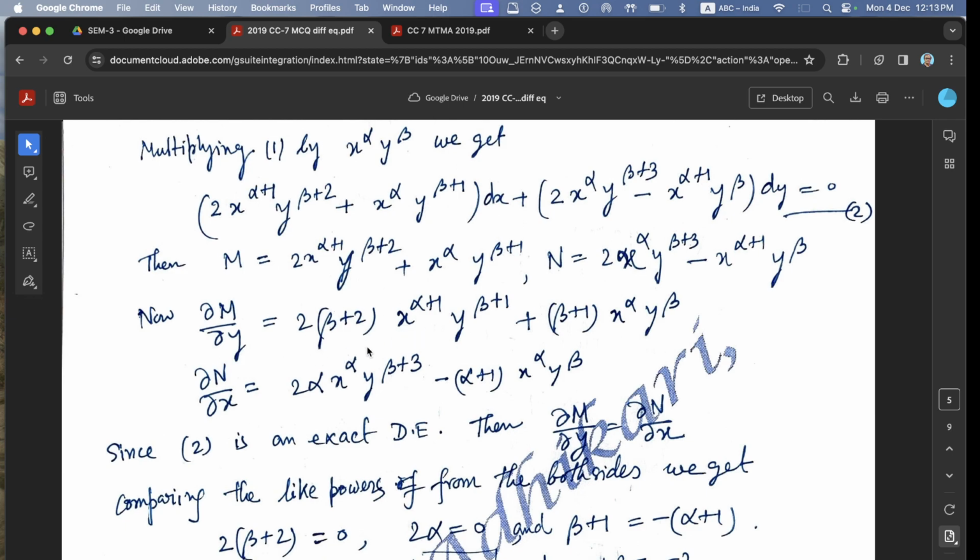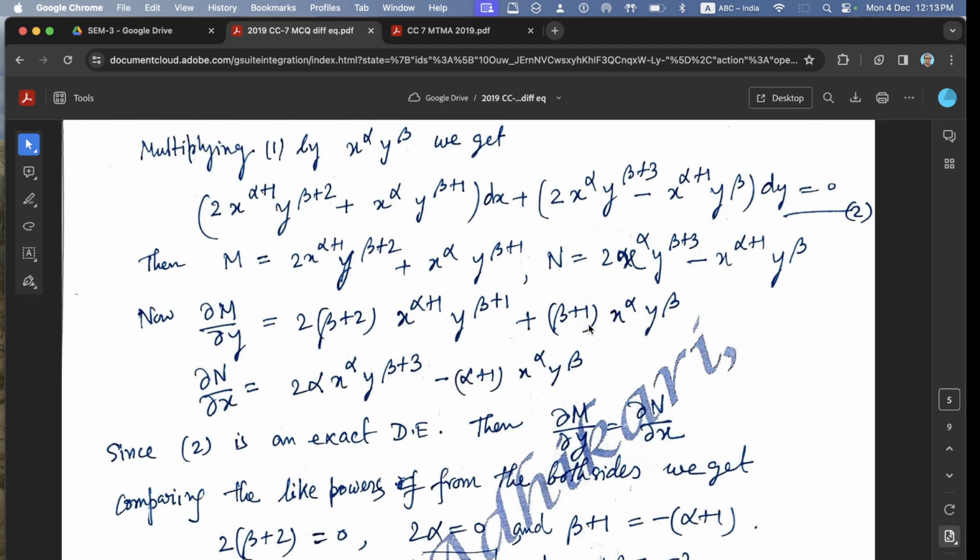So here in del M/del y there is x to the power alpha plus 1 times y to the power beta plus 1, but in the right hand side there is no term x to the power alpha plus 1 y to the power beta plus 1. Obviously beta plus 2 equal to 0. And this term x to the power alpha y to the power beta in the left hand side, and right hand side is minus (alpha plus 1).